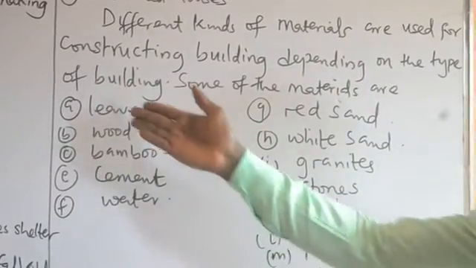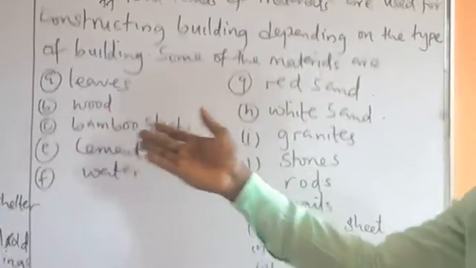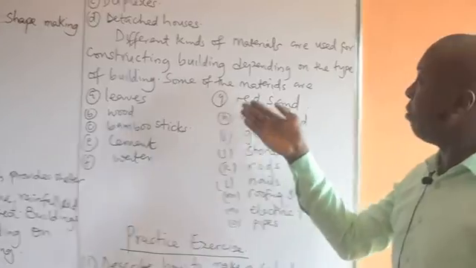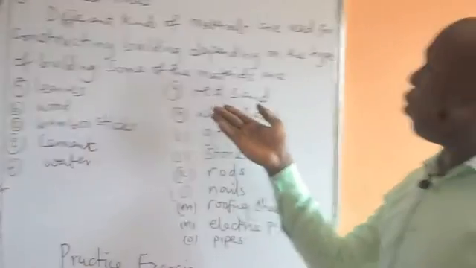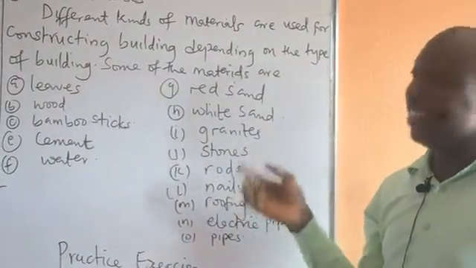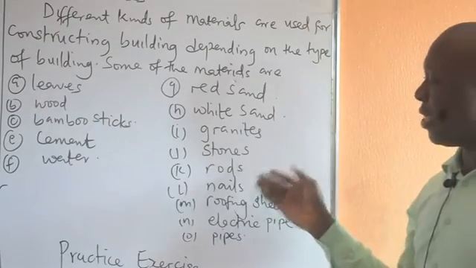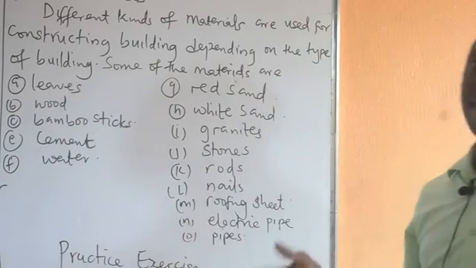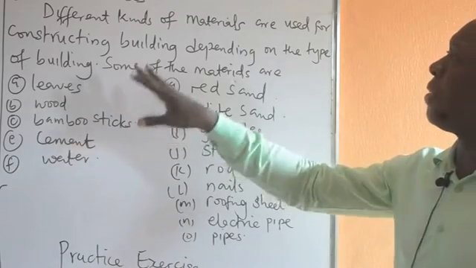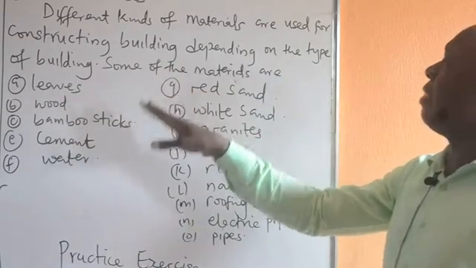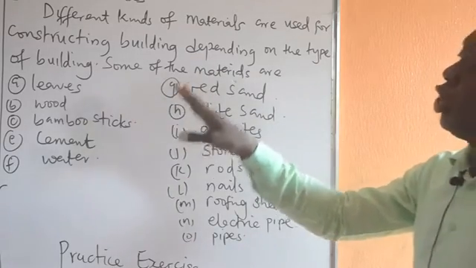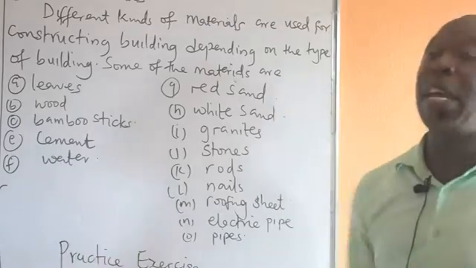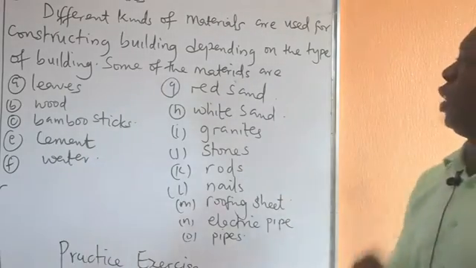Some use leaf, wood, bamboo sticks, cement, water, red sands, white sands, granite, stones, rods, nails, roofing sheets, electric pipes and pipes, etc. These are some of the materials used for building. But these materials also depend on the type of building.